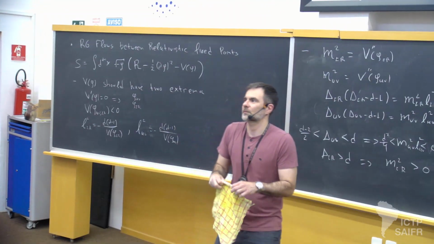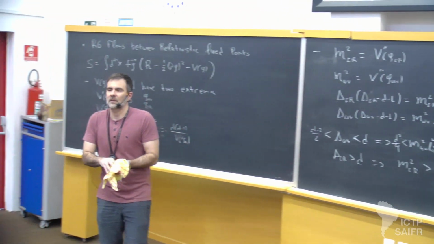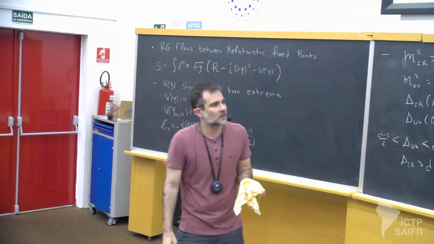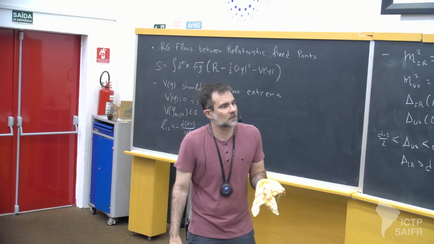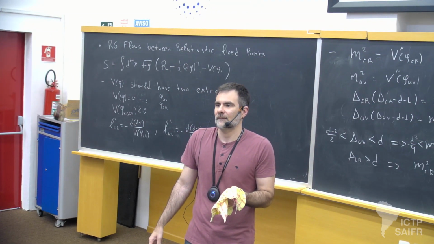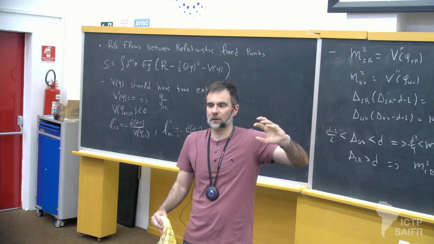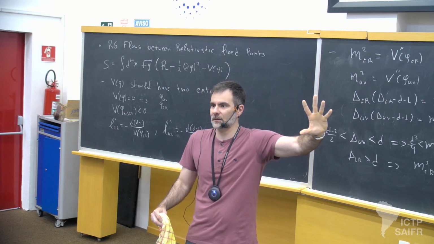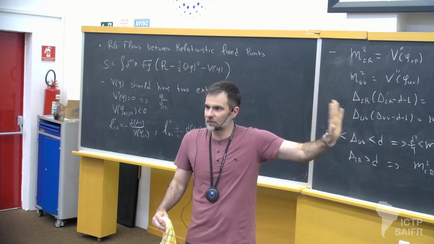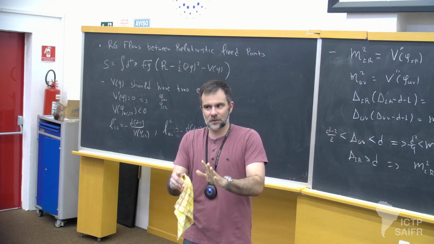Last question before lunch. I'm a little bit confused with these modes that satisfy the nonlinear equations. Are these solutions for small rho or do they exist for all values of the radial coordinate? Okay, if I don't combine them with the irrelevant operator that will change the UV part of the geometry, they solve the full equations. And as long as, of course, V and Z are just exponentials.